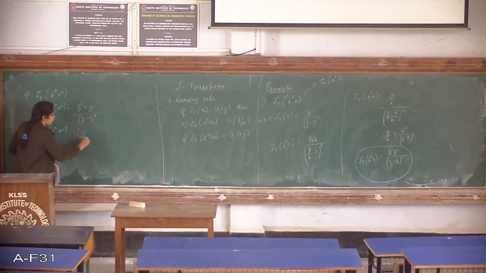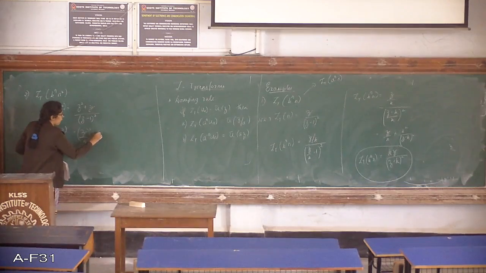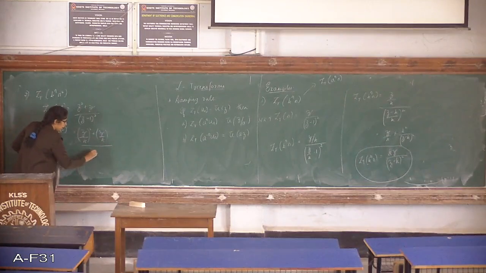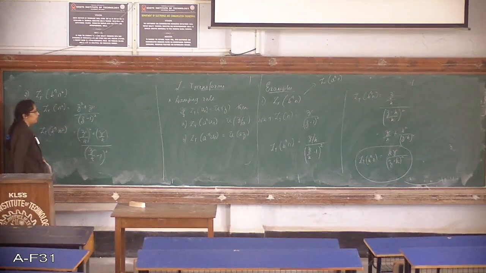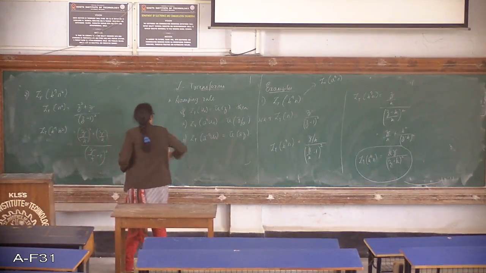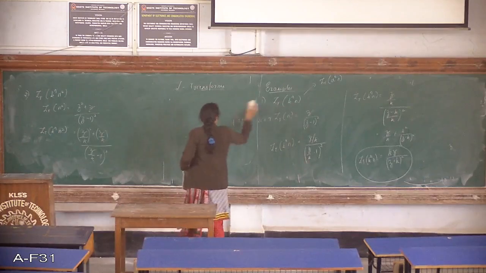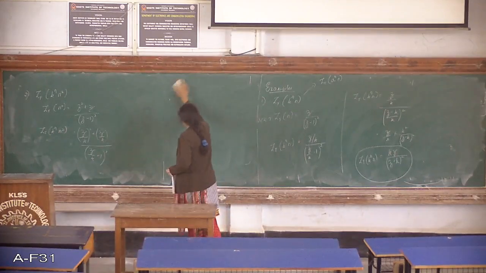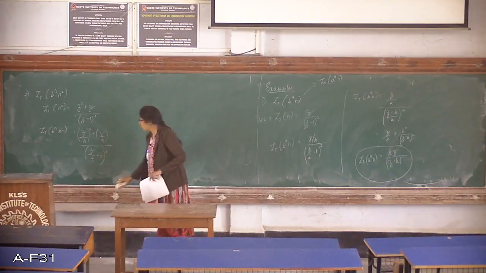So this becomes z by k the whole square plus z by k divided by z by k minus 1 the whole cube. The further things are just a simplification. These two examples are done for you to understand the importance of the damping rule.